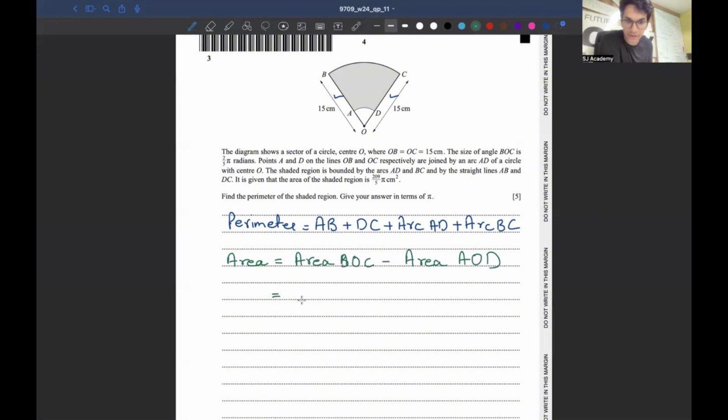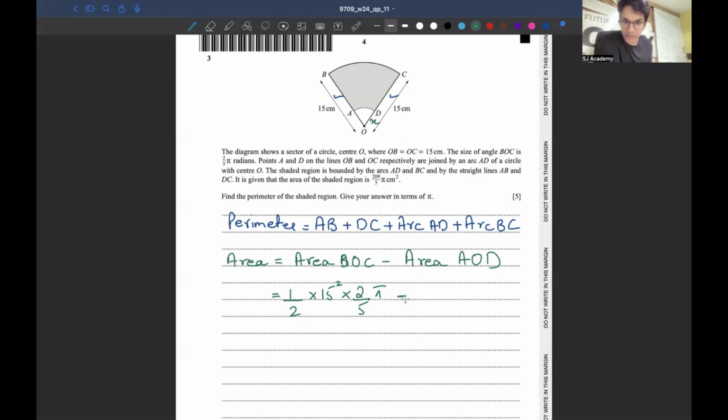So we can write it as half into 15 squared, multiplied by theta, which is given as 2/5 π, minus the area of AOD. Now let's assume that this length is x. In any of these questions, if we have an unknown value, we should directly assume it by giving it an unknown value like x, y, or z.